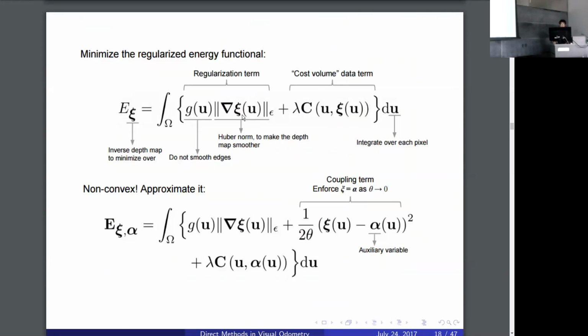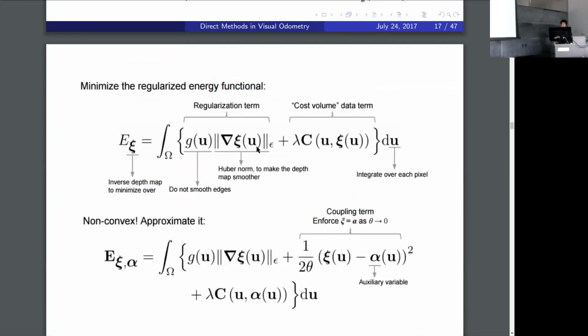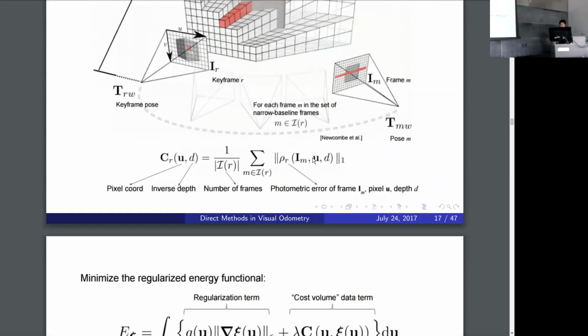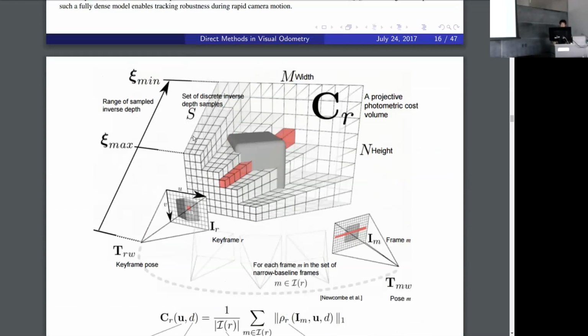This could be the sum of absolute difference, as we discussed before, or the normalized cross correlation, and the special bit is that it uses this cost volume data term to basically do this sample inverse.